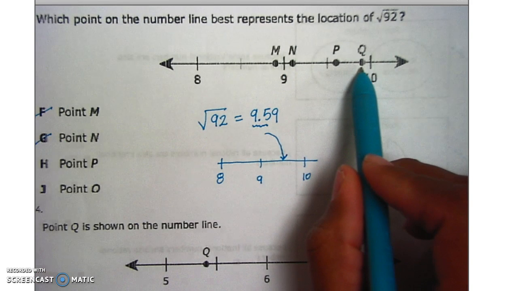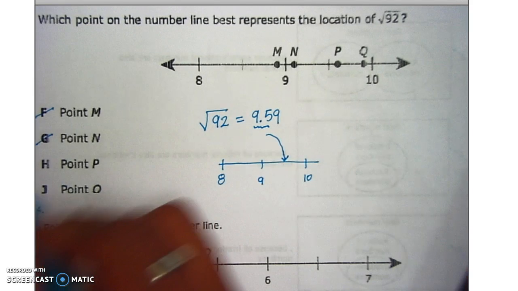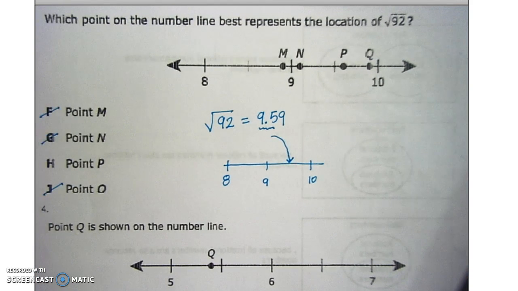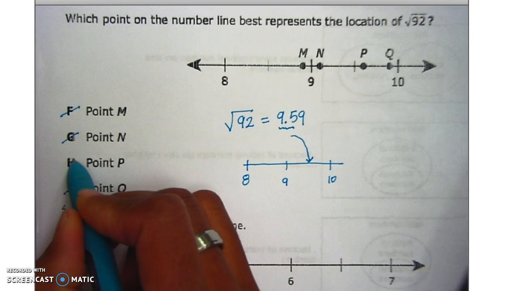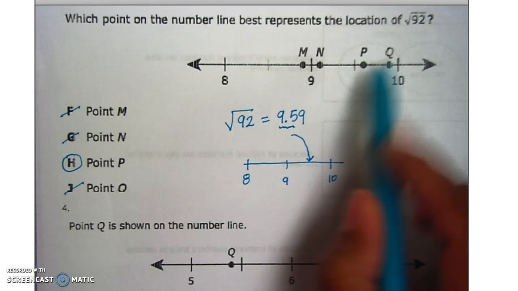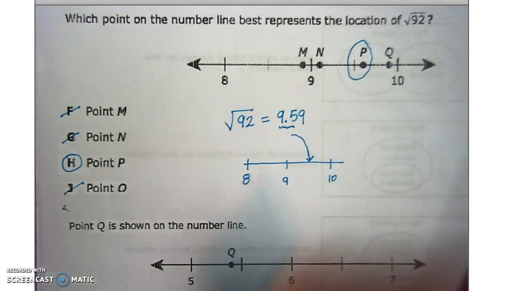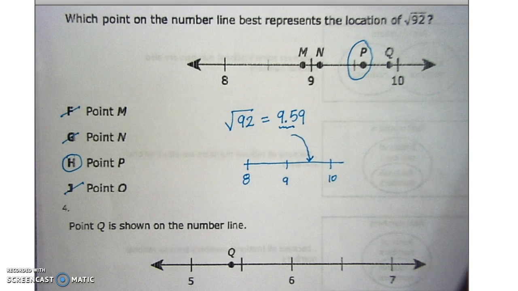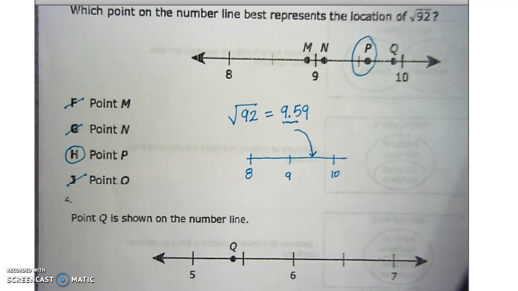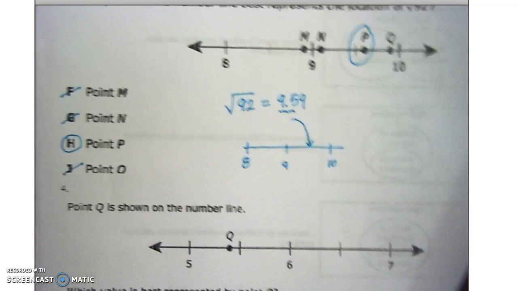Q is so close to 10, that can't be correct. So my only option is point P because it's close to the middle. And that matches what I have.